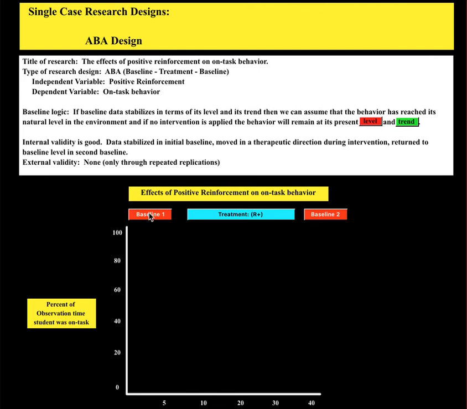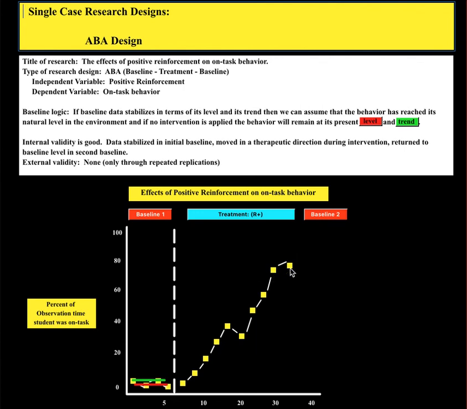Well, let's take a look at the baseline. Okay, so we've taken our baseline data, and it's stabilized in terms of level and trend and variability. So the concept of baseline logic comes into play, and we can intervene now with the treatment. So we'll intervene. The data has moved in a therapeutic direction and stabilized at about 75% of on-task behavior.